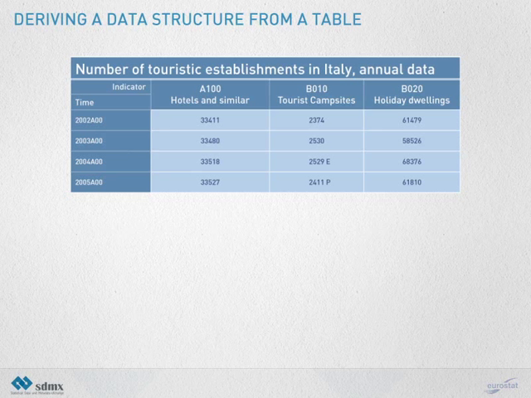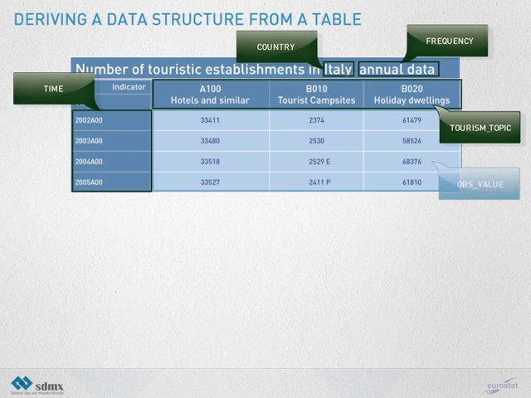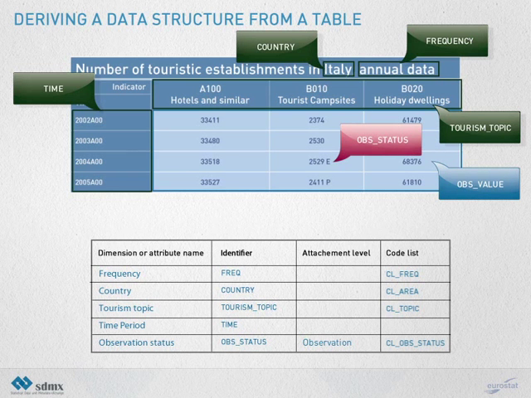We can identify the following statistical concepts: frequency, in this case annual, country, tourism topic, time period. The observation value, which is the actual single figure, the observation status, defined by footnotes such as estimated or provisional.